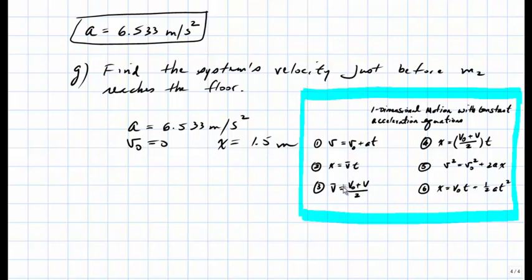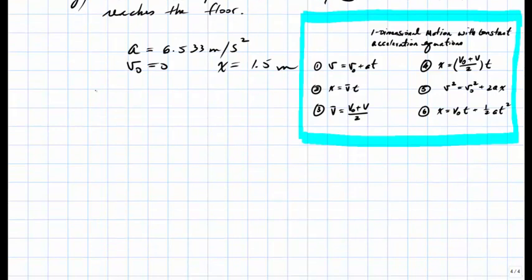The third one does, but we don't have knowledge of the average velocity. The fourth equation won't work either because we don't know the time. The fifth equation seems to work. We're looking for velocity, which is v. We have the initial velocity right here. We have the acceleration known, and we have the value of x known as well. So let's apply this equation.